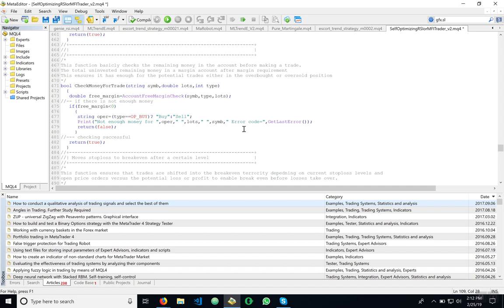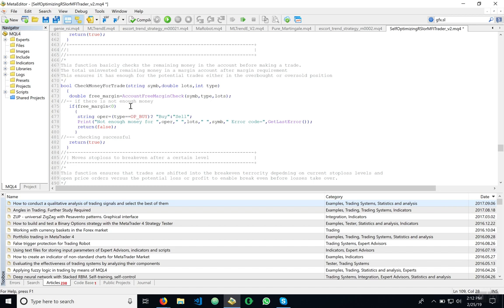So what this function basically does is that it checks the remaining money in the account before making a trade. And that's the total uninvested money remaining in a margin account after the margin requirement. This ensures it has enough for the potential trades, either in the overbought or oversold position.